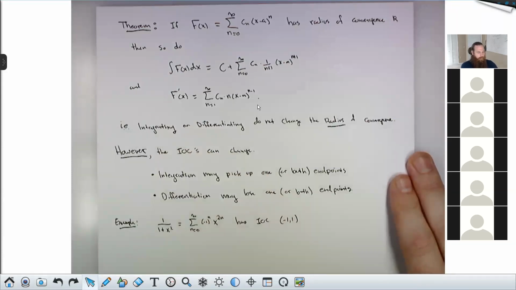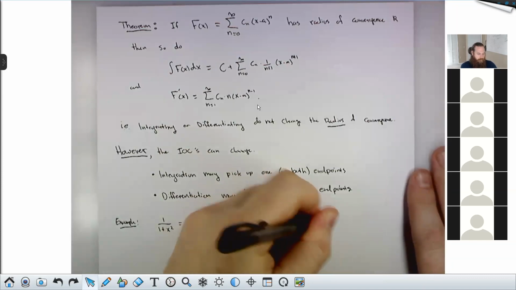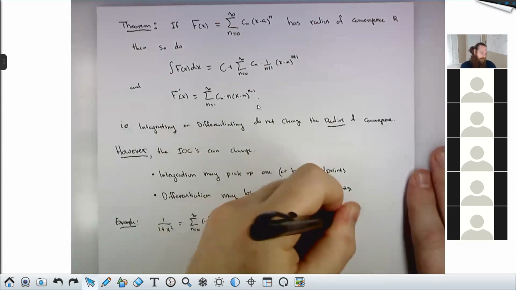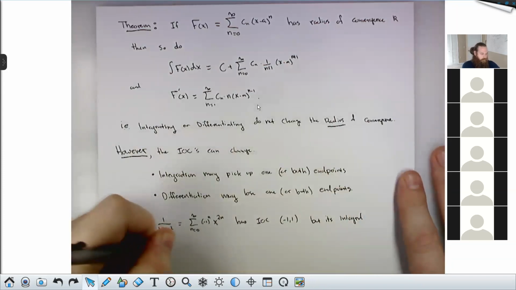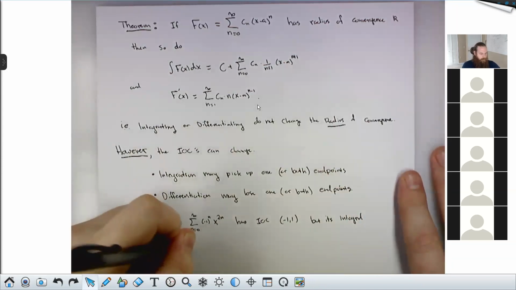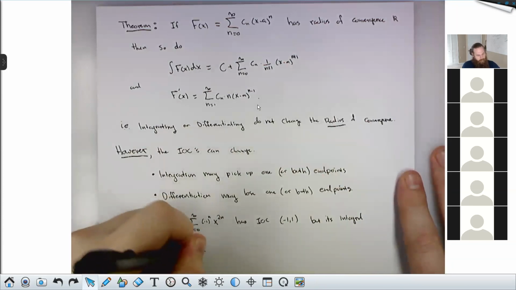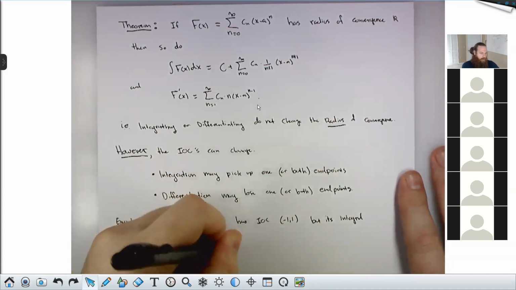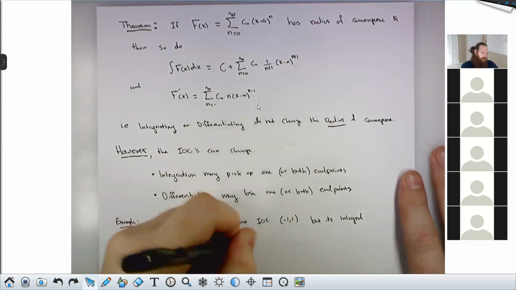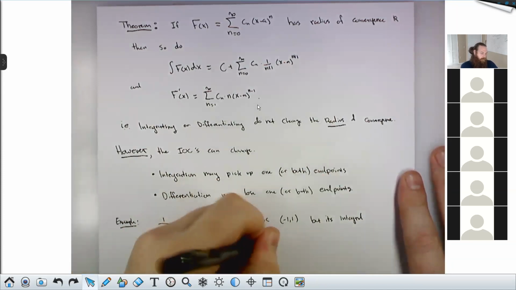But its integral, the inverse tangent of x, which we've seen has power series sigma n from 0 to infinity, (-1) to the n over 2n plus 1, x to the 2n plus 1, has a closed IOC.